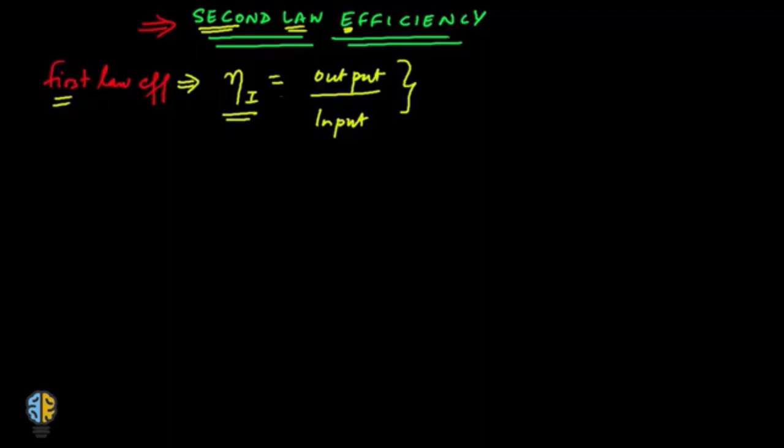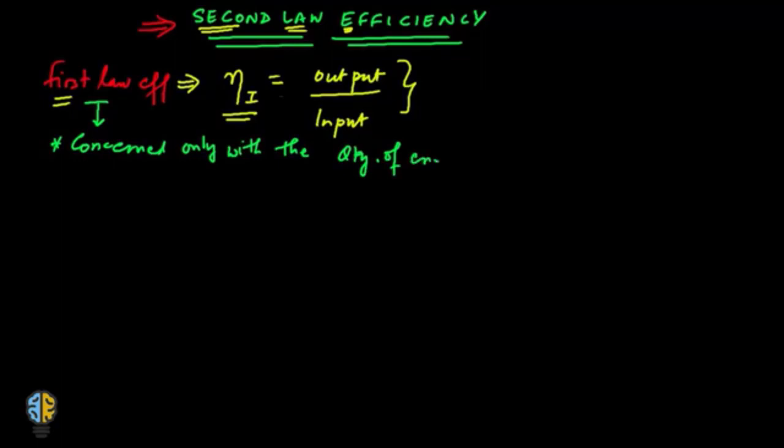Now the first law is concerned only with the quantities of energy and disregards the form in which the energy exists. So if you have to write it down in a nutshell, the first law is concerned only with the quantity of energy.